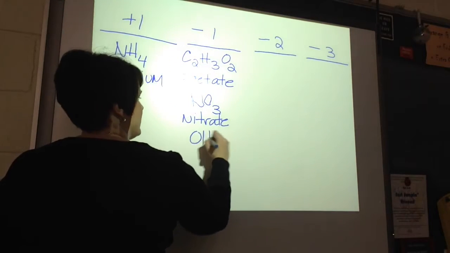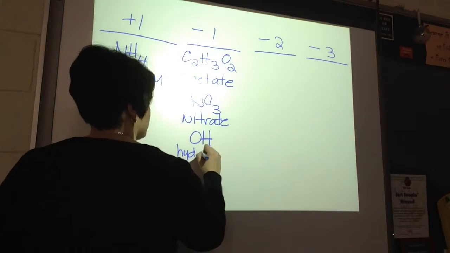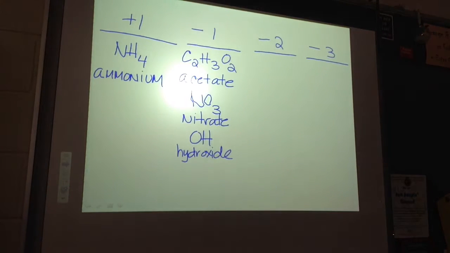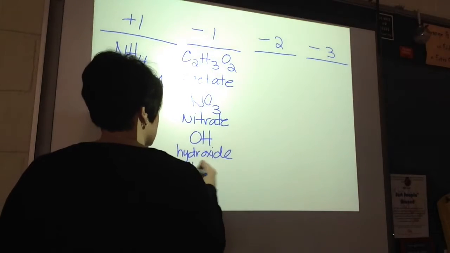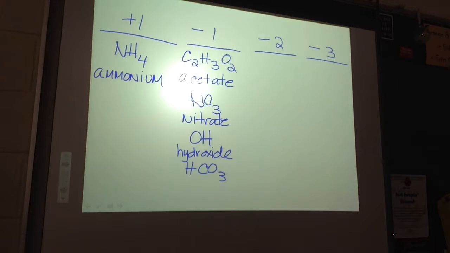Next is OH. This is hydroxide. The last one is HCO3, and it has 2 names, and you may use either. There's one that I use, and one that most people use most often, but it does have 2 names.